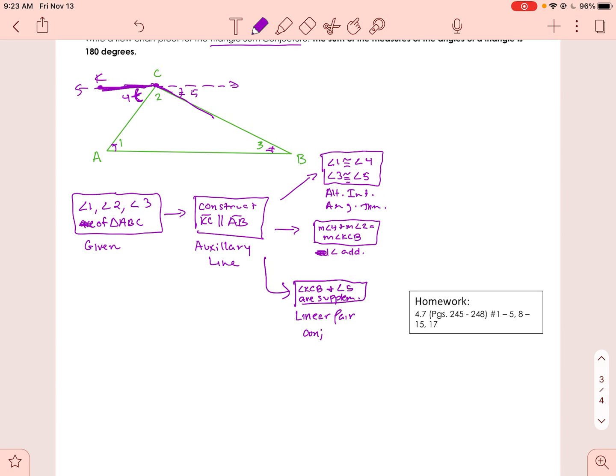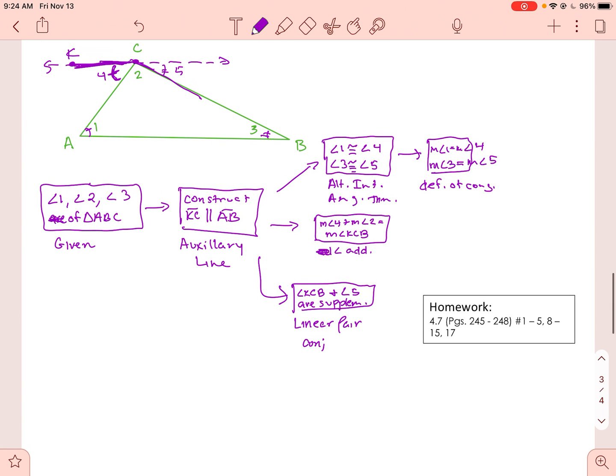Now, let's take that one step further. If we know that angle 1 and angle 4 are congruent, that allows us to say that the measure of angle 1 equals the measure of angle 4. And the measure of angle 3 equals the measure of angle 5. And we're allowed to say that because that is the definition of congruence.